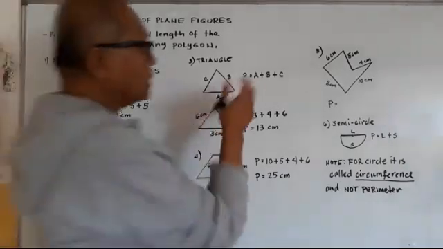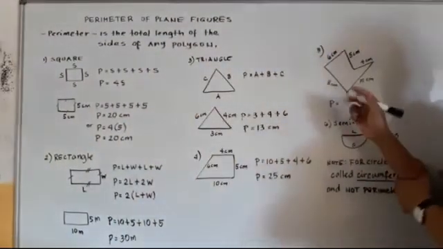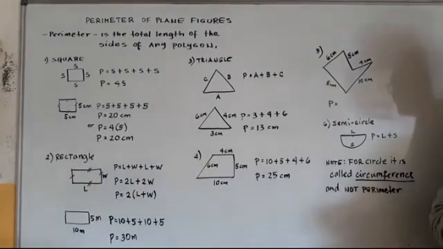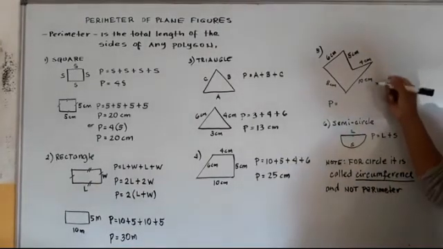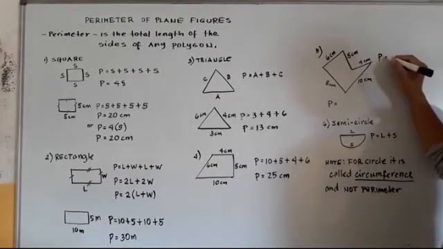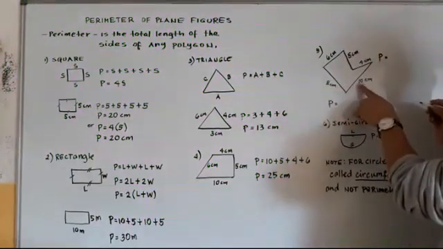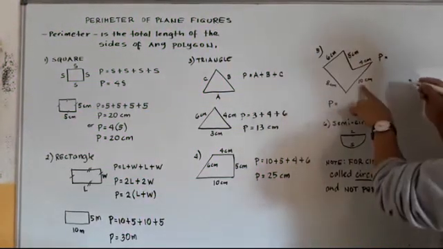centimeters. Now here, class, this is 1, 2, 3, 4, 5, a pentagon, but the pentagon is not regular in shape. So what we do here is we add them as a perimeter. We can start anywhere. Let's start from the 10 in the anti-clockwise direction.